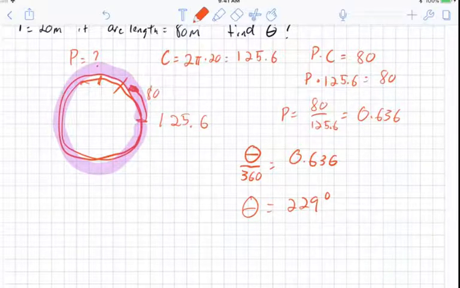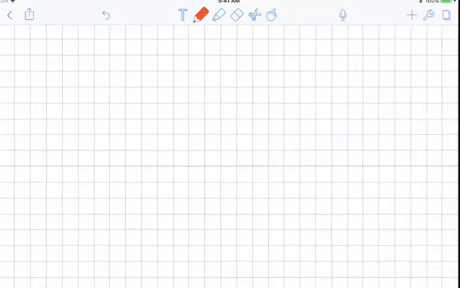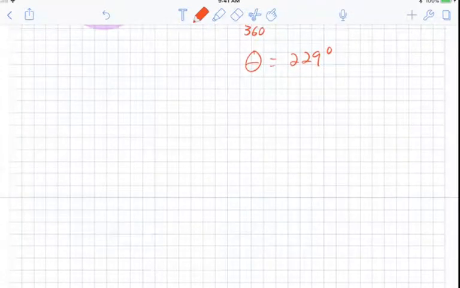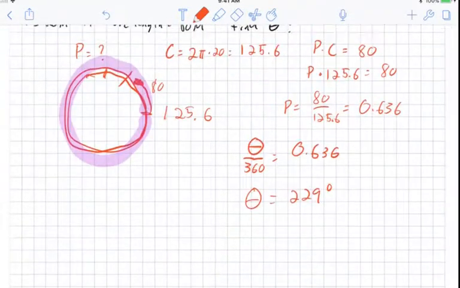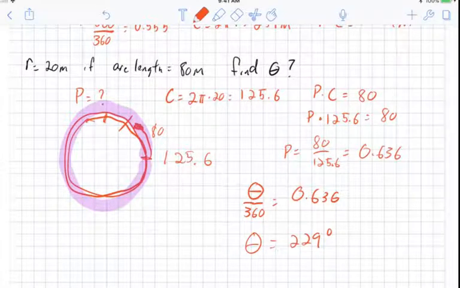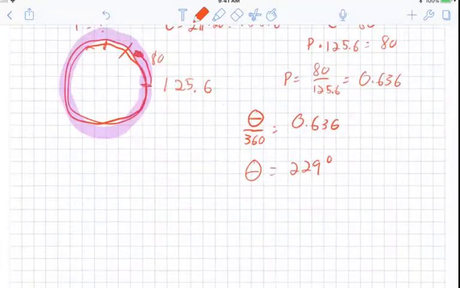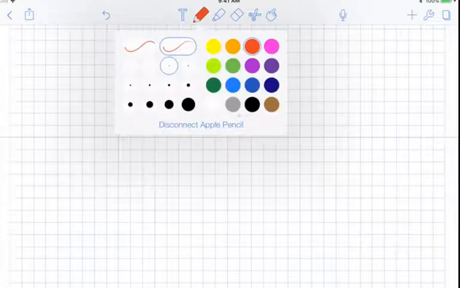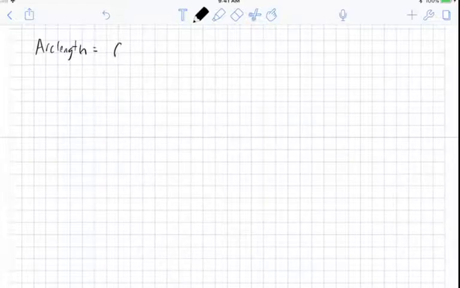So, this whole procedure can be simplified if we think about the algebraic steps involved. Essentially, what we have here is a whole bunch of multiplying and then dividing. And we can boil it down to fewer steps. The arc length is equal to the circumference times the percentage I've gone around, right?